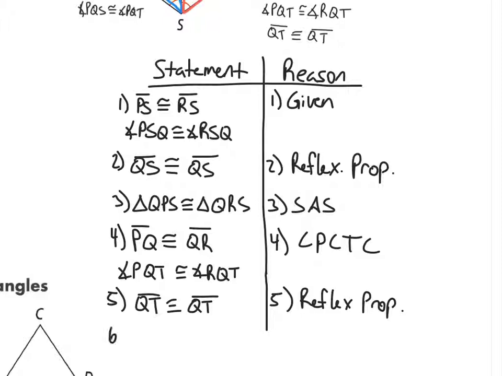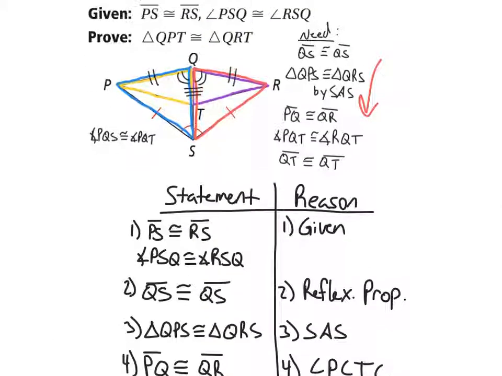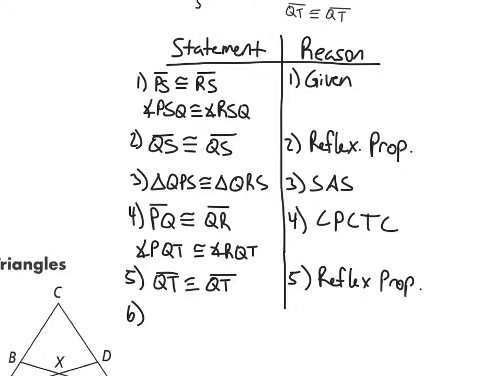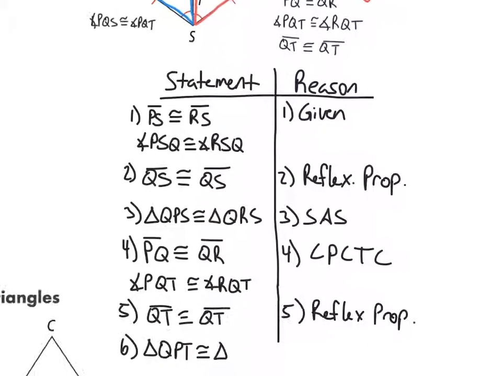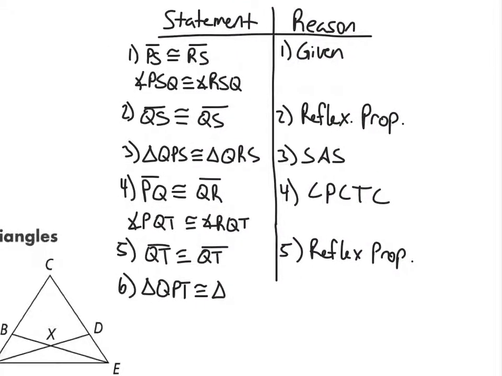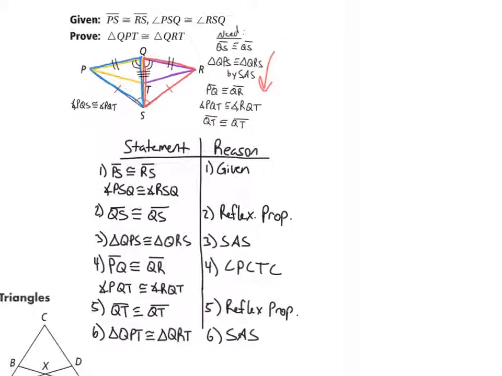And so now we have statement 6, which is talking about triangle QPT is congruent to triangle QRT. Why? Because of side, angle, side. Awesome. So there we go.